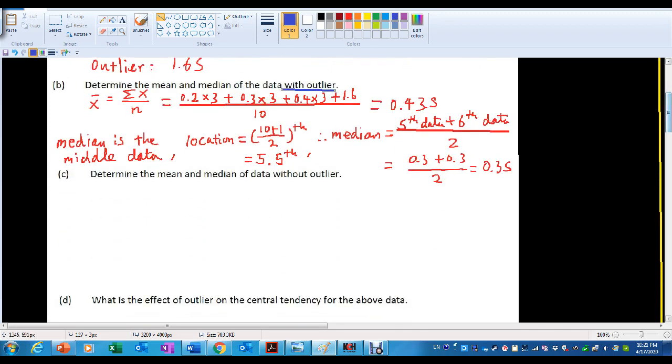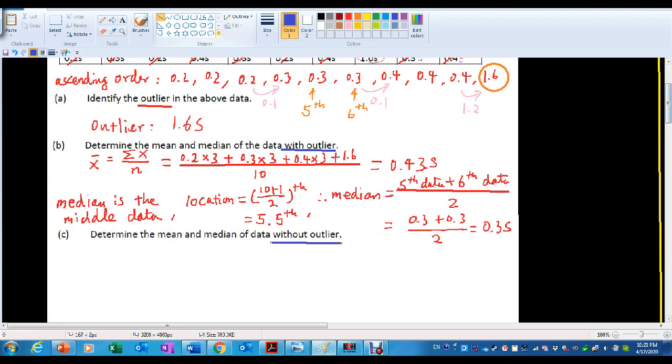Next, let's determine the mean and median of the data without the outlier. So we need to rewrite our data. The data is now 0.2, 0.2, 0.2, 0.3, 0.3, 0.3, 0.4, 0.4, and another 0.4.